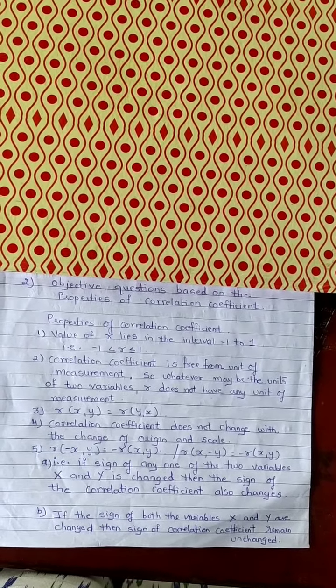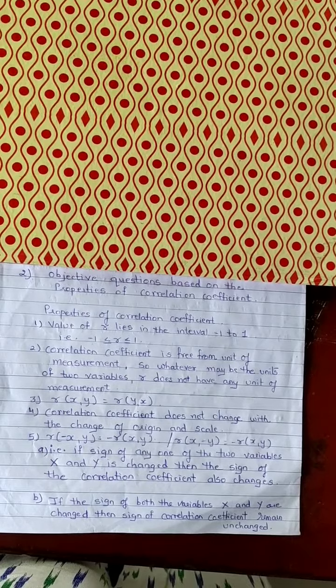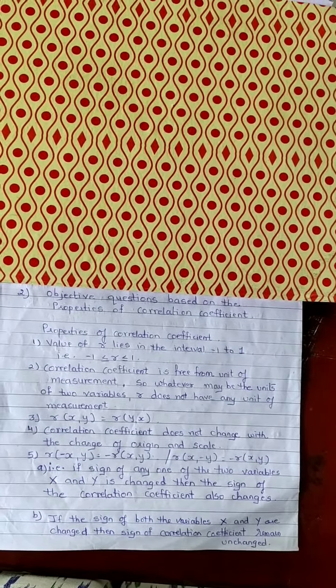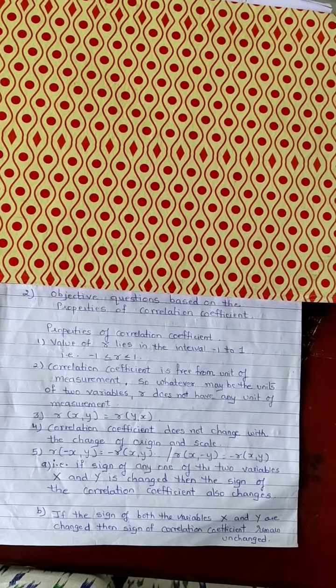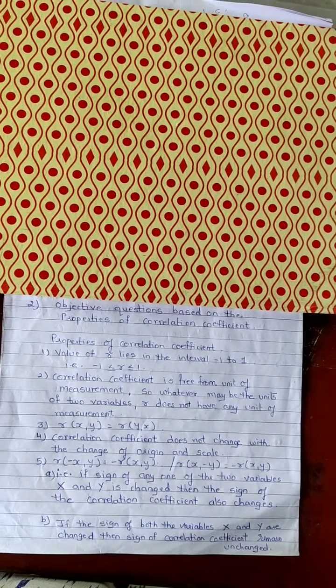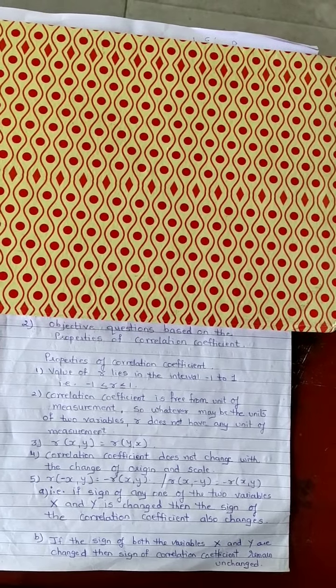Now let us see the objectives which are based on the properties of correlation coefficient. Earlier we have discussed the properties, but once again we are going to revise them. Properties of correlation coefficient. The very first one, value of r lies in the interval -1 to 1.